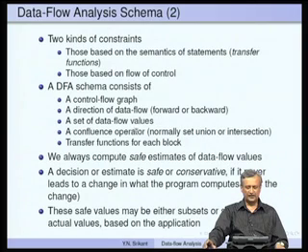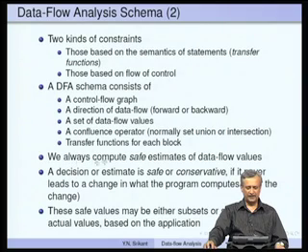A set of data flow values, which we already know is the domain. A confluence operator, normally set union or set intersection, and then we have transfer functions for each of the blocks. So, these are the 5 entities in our data flow analysis schema.